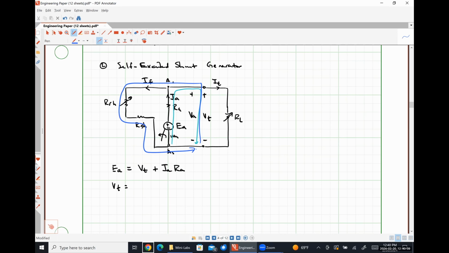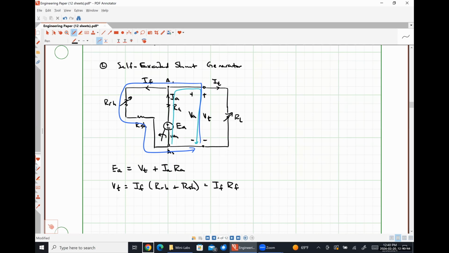So effectively, the terminal voltage is just going to be the total voltage drop across the rheostat in our field or stator circuit and our shunt field windings. So that's going to look like our field current IF times our rheostat resistance plus our shunt field winding resistance, which we can express as IF times RF, like we did earlier.